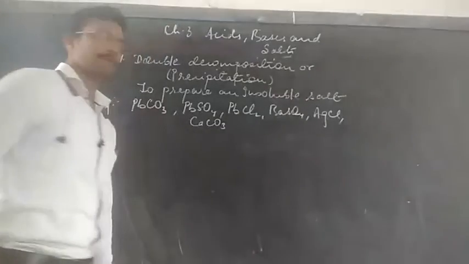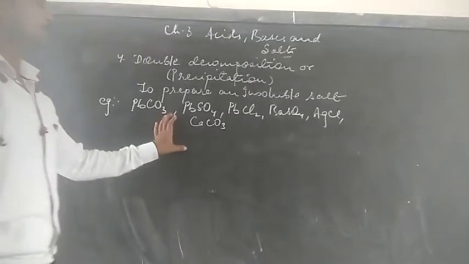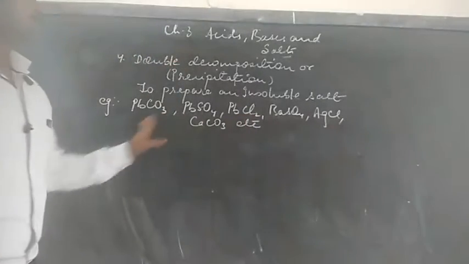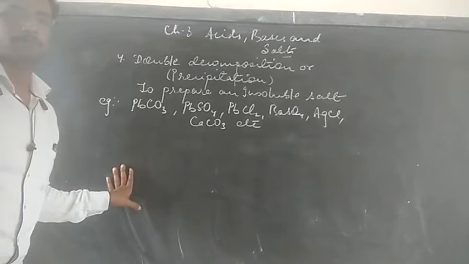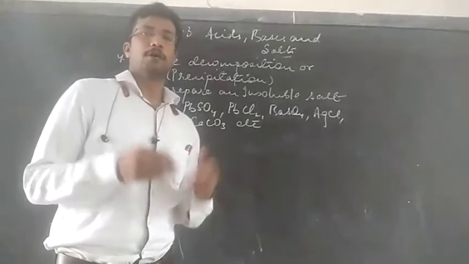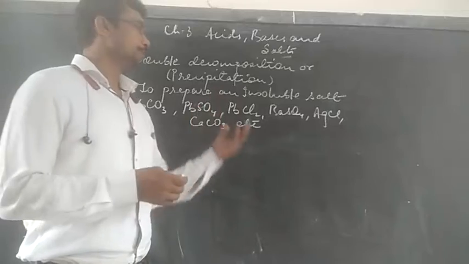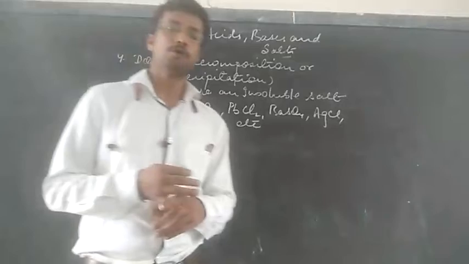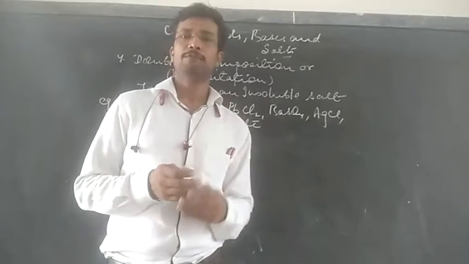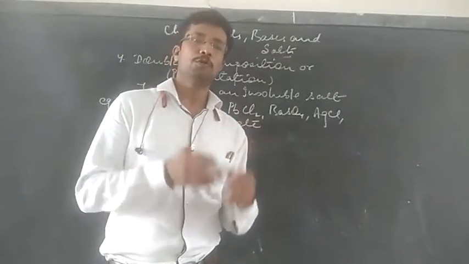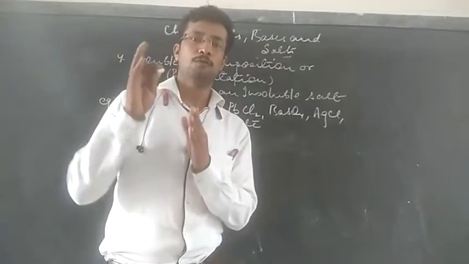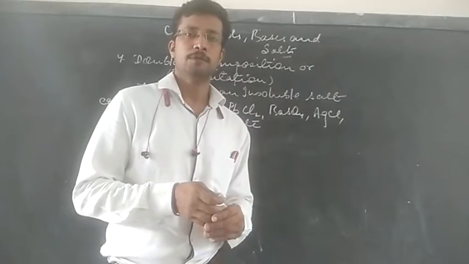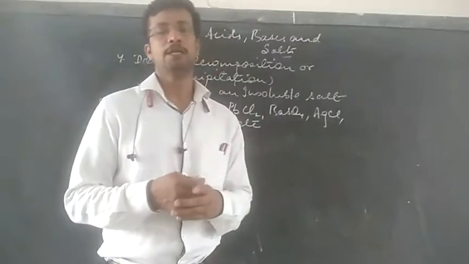Since all these salts are insoluble, we have to apply this method to prepare them. Now the question comes: how can we write the equation to prepare these salts? As I have already told you, we have to take either two soluble salts or one soluble salt and an acid, so that the reaction would give you an insoluble salt.